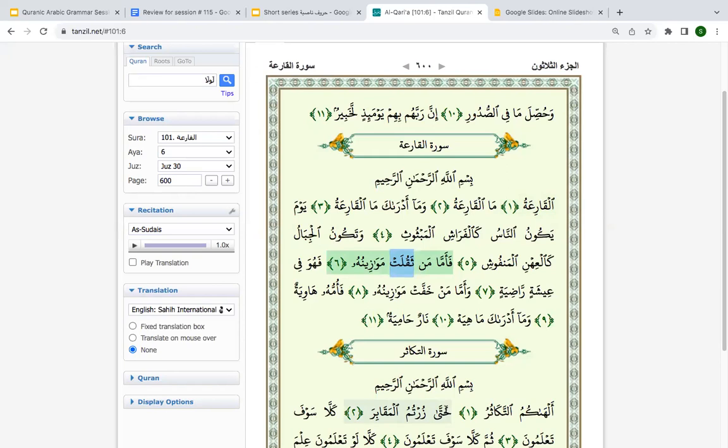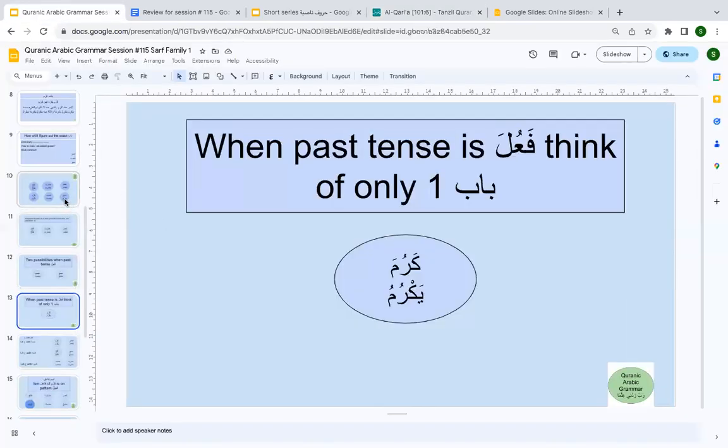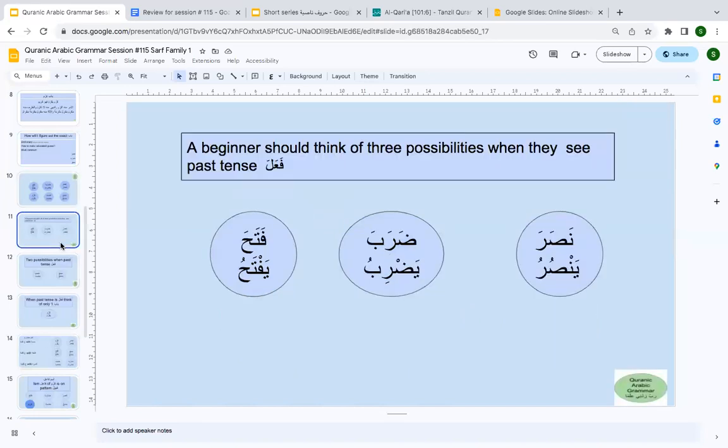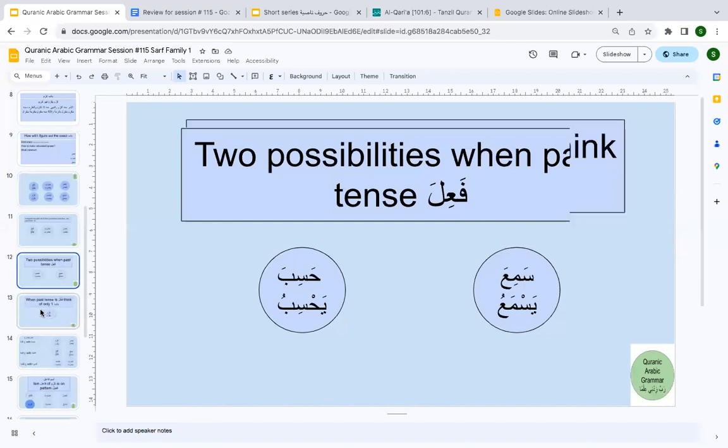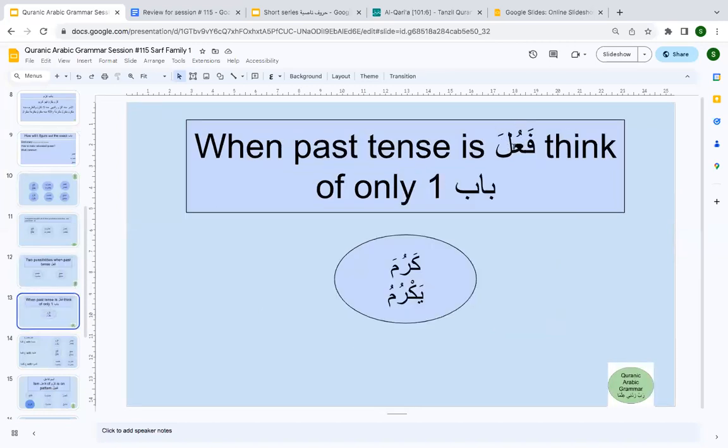Yes or no? So, my dear sisters, as a beginner, if your past tense spells like fa'ala, think about nasara, daraba, fataha. If your past tense spells like fa'ila, think about sami'a, hasiba. If your past tense spells like fa'ula, think about only one bab, that is karuma. Okay?